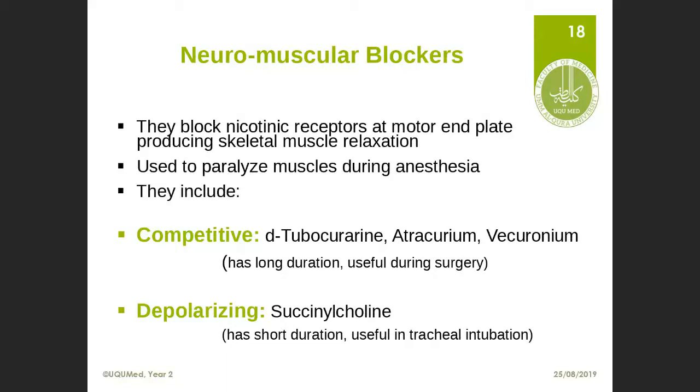Some of the neuromuscular blockers are used as adjunct therapy, just to paralyze the muscles or reduce the contraction of the muscles. We have two types of neuromuscular blockers used in anesthesia or skeletal muscle relaxation: one is the competitive and the other is the depolarizing.